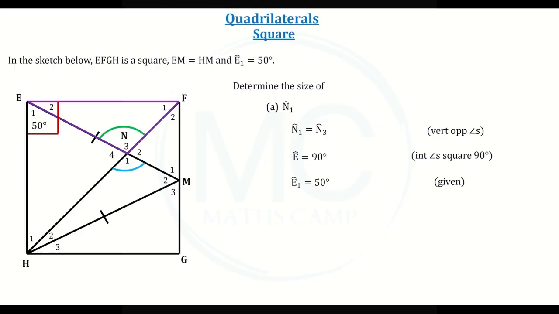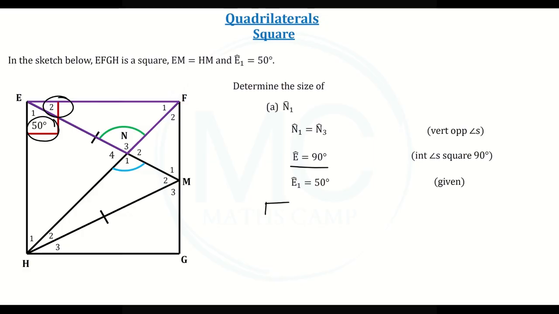Angle E is made up of E1, 50 degrees, and E2, and we know the whole of angle E is 90 degrees, so we can use this information to find the size of angle E2.